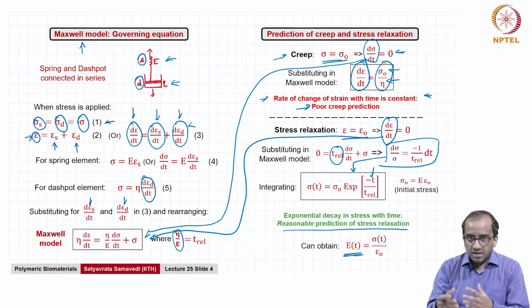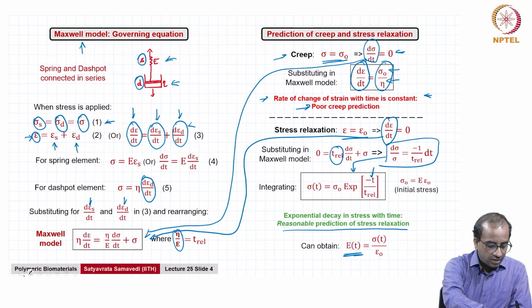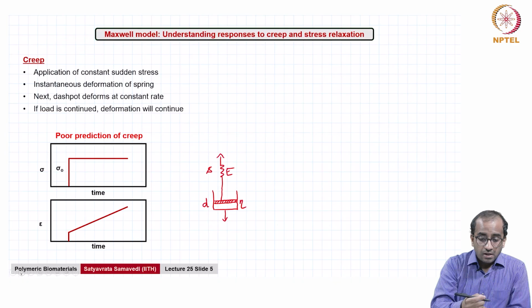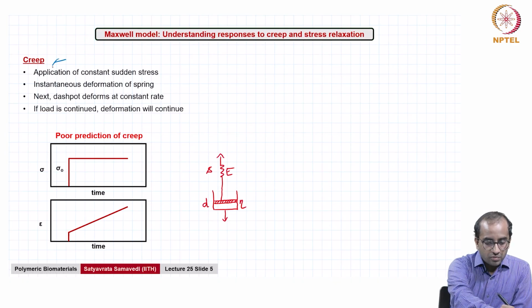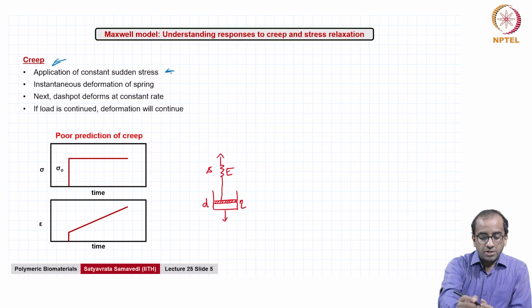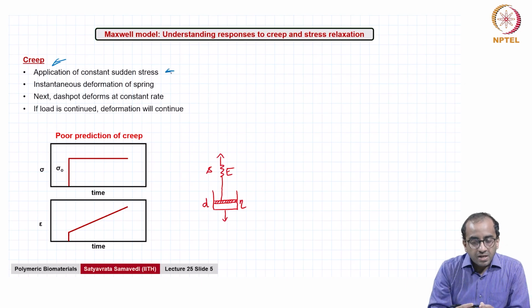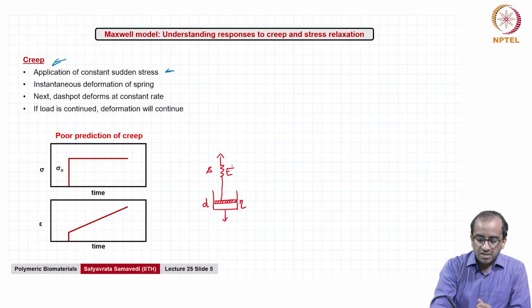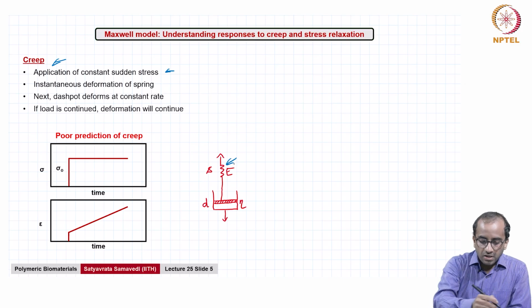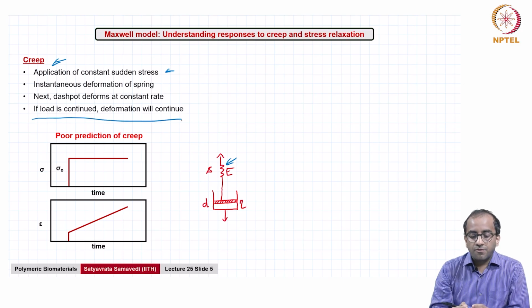Now, to understand this a bit more intuitively, we will look at it more physically. If you subject the Maxwell model to creep, which involves the application of a constant sudden stress, then you have instantaneous deformation of the spring, and then the dashpot is going to deform at a constant rate with time. As long as the load is continued, deformation will continue.